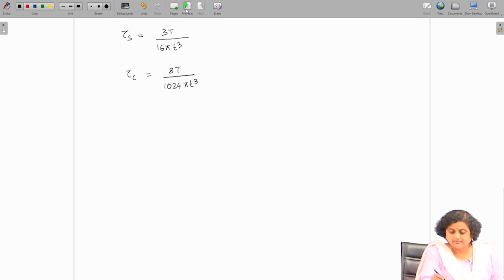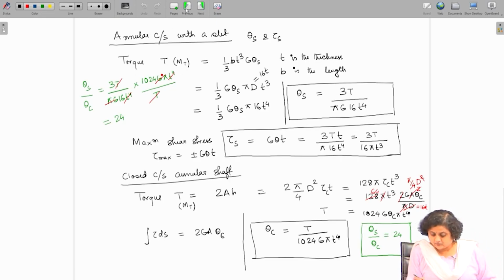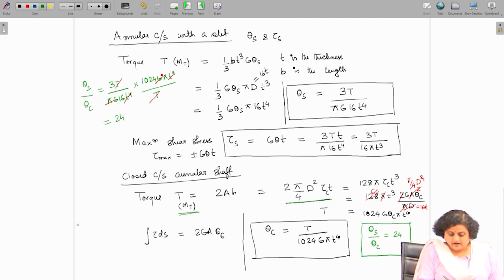We can see from the previous thing that this tau c, if we calculate in terms of T, is going to be T by pi t, the 2 is going to cancel with each other.